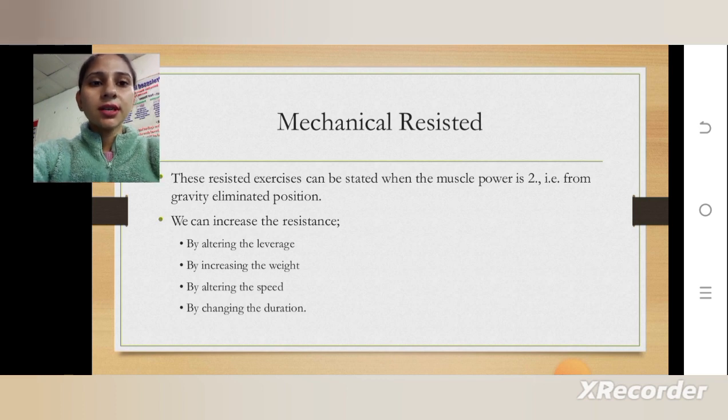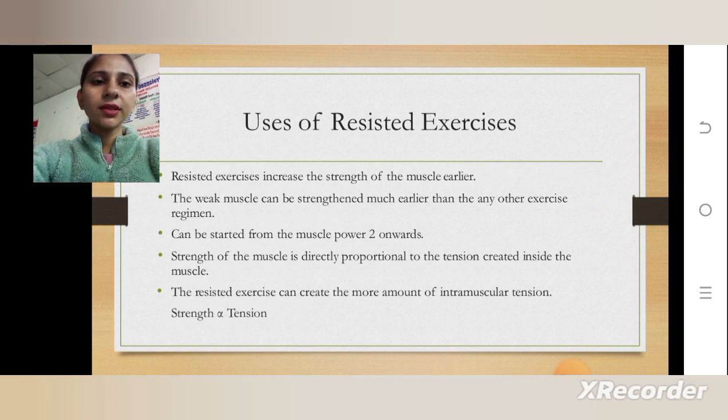These resisted exercises can be started when the muscle power is 2, that is, from a gravity-eliminated position. We can increase the resistance by altering the leverage, by increasing the weight, by altering the speed, or by changing the duration. Then, uses of resisted exercise. Resisted exercise increases the strength of the muscle earlier.